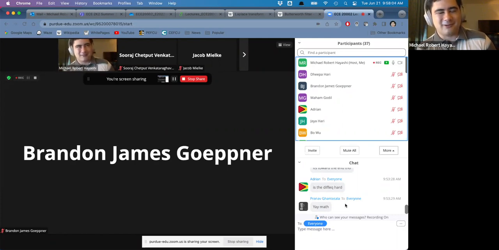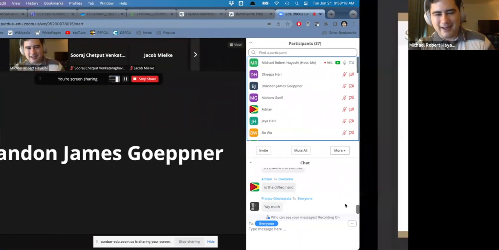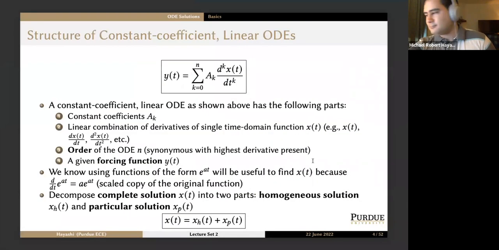I think that's the term for it in ordinary differential equations. We're going with pretty classical, straightforward characteristic polynomial-based methods. So, yay math.